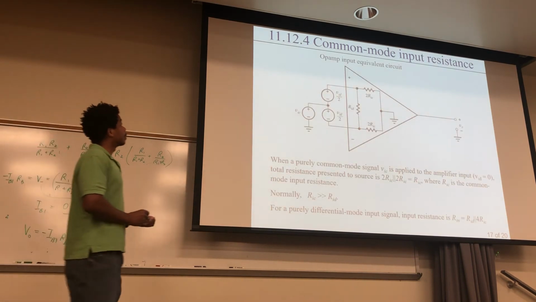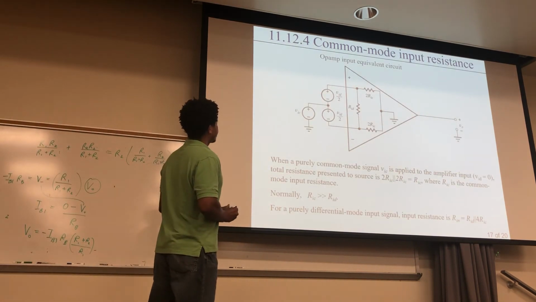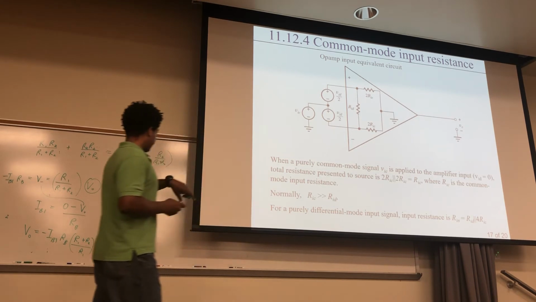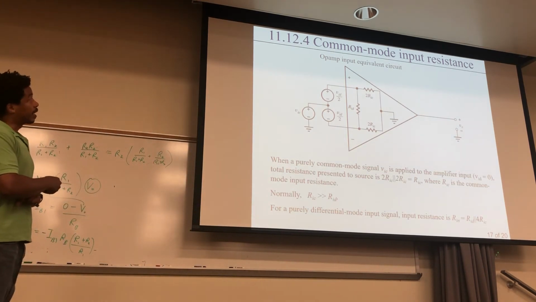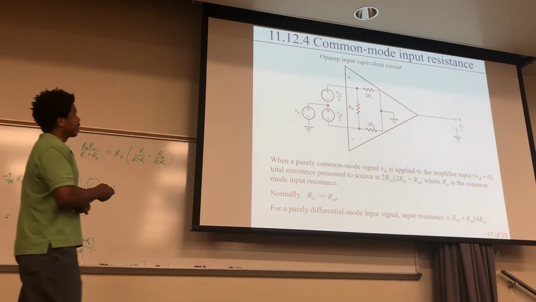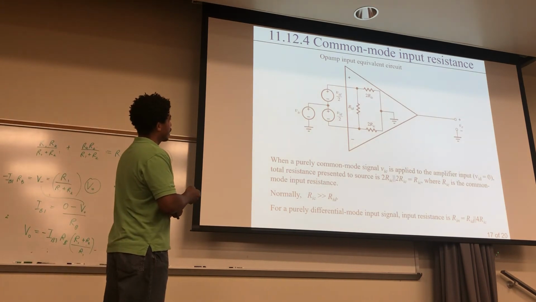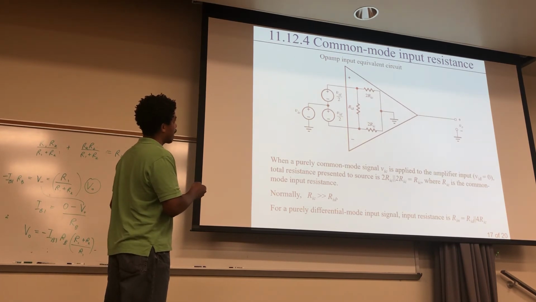Okay, so let's look at common mode input resistance. In this situation, what we've done is we have this RID right here, which we're used to looking at, but now we have these other two paths right here, where we have these two resistors, and this one is going to be 2 RIC, and that's 2 RIC.